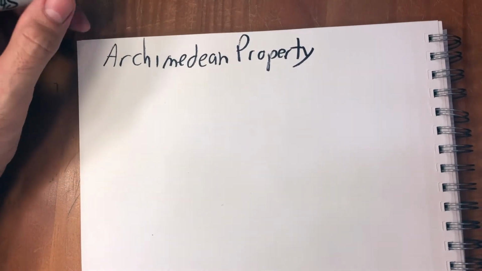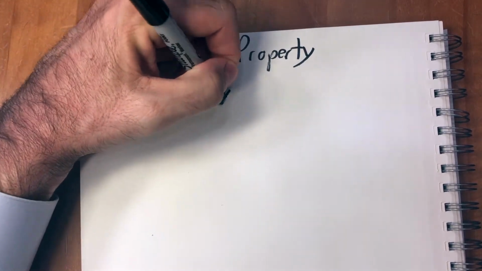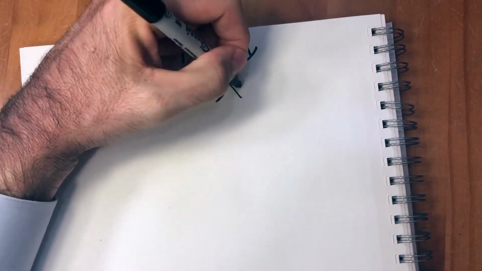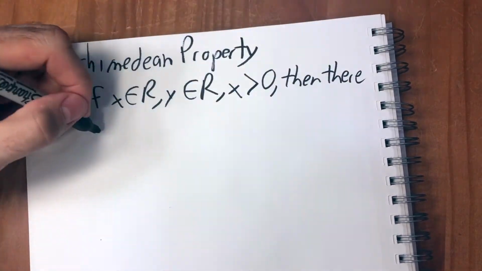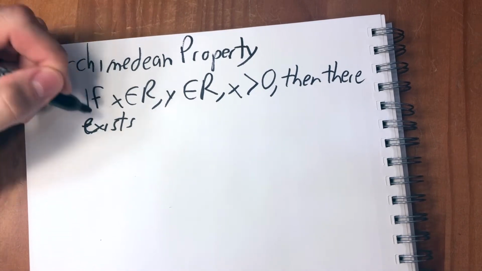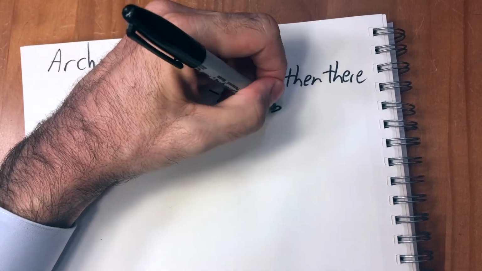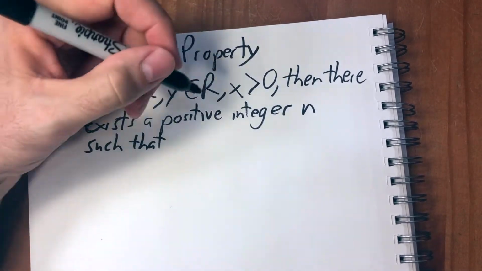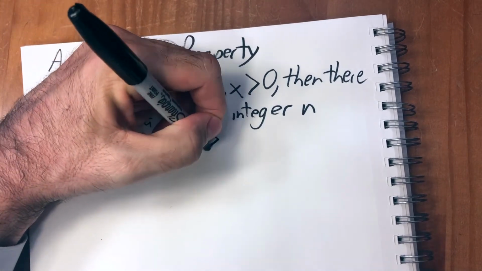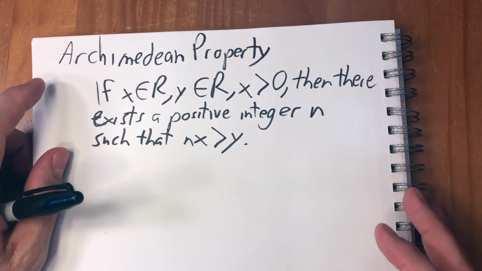It states that if x is an element of R, y is an element of R, x is positive, then there exists a positive integer n such that nx is greater than y.